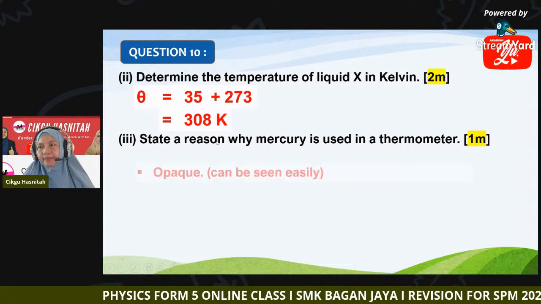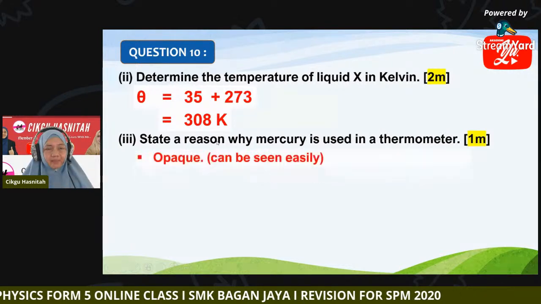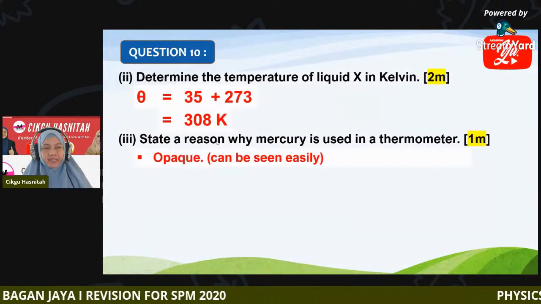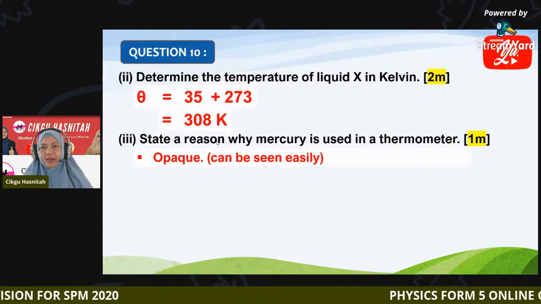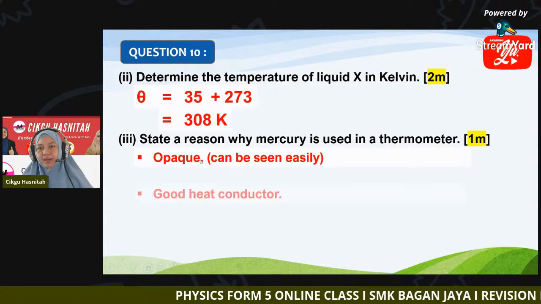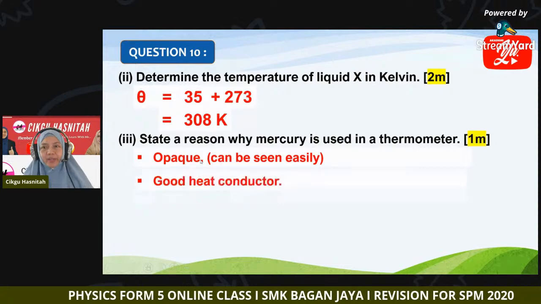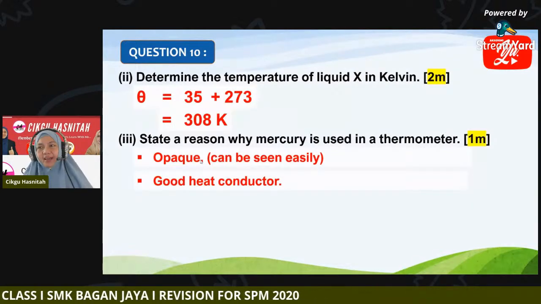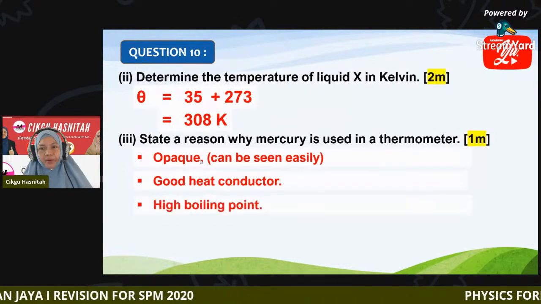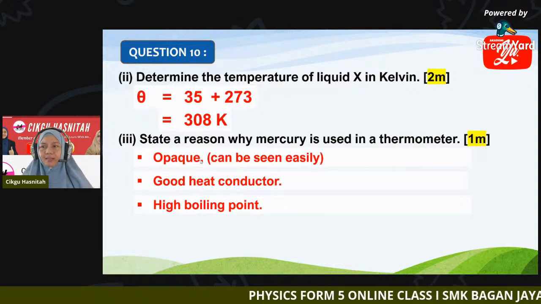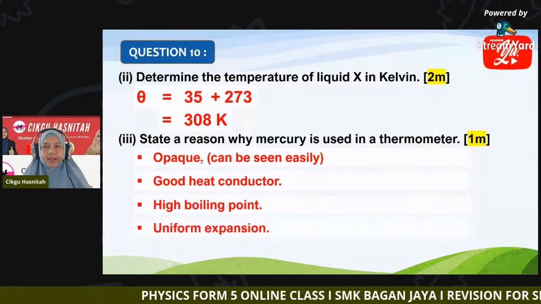Okay, number one, mercury is opaque. So it can be seen easily, you can read easily. Second, it is a good heat conductor. Next, high boiling point. Yes, Wei Liang, high boiling point. Next, uniform expansion, it expands and contracts uniformly.